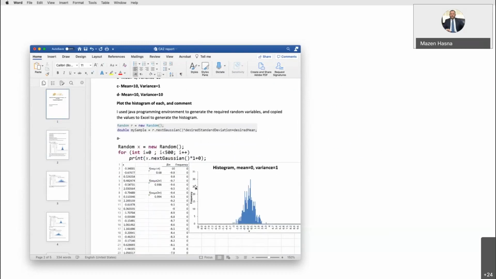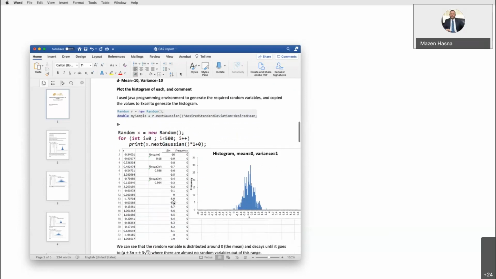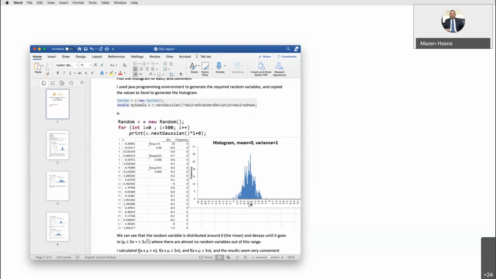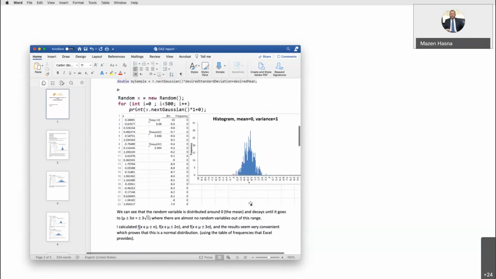So it's up to you how to generate it. This is using Java, apparently. You do the Gaussian, and then he put it in Excel, and this is the histogram from Excel.